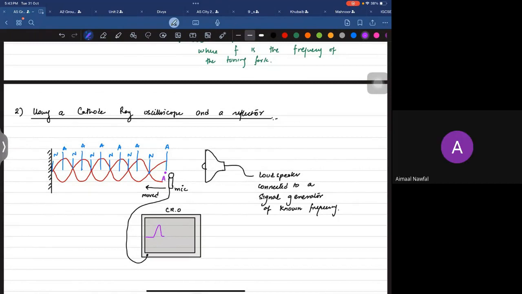The displacement is the greatest at the antinode. The CRO shows vertical, which means the highest signal strength is going to be shown.